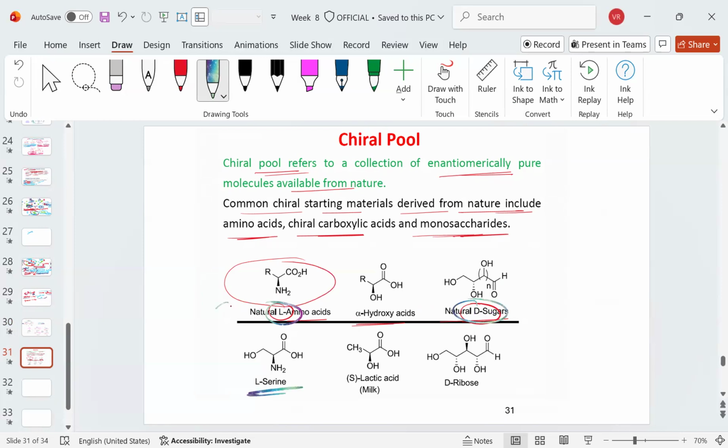By using a chiral amino acid, such as L-serine, synthesis can be done by such a chiral pool approach. This L-serine is also one of the starting materials you can use for chiral pool synthesis. We'll see some examples, and only then will we be able to understand.